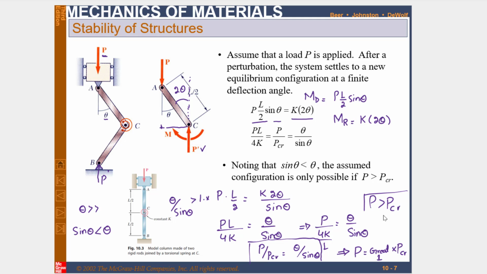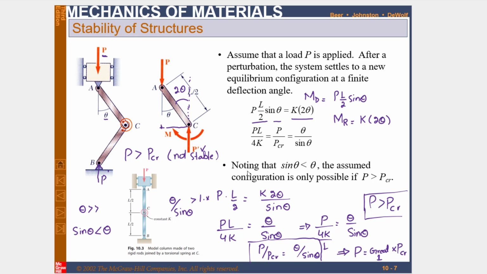And when P becomes greater than P critical, the system will not go back to its original position. It will be destabilized. That is why we say that when P is greater than P critical, the system is not stable.